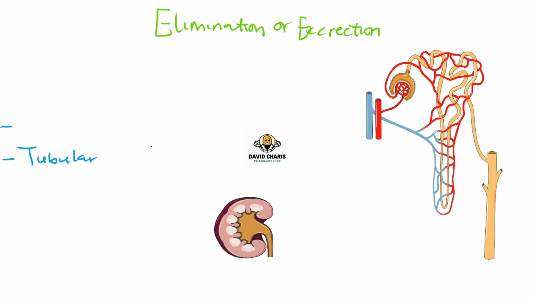Now, the excretion of the drug basically is the removal or the elimination of the drug from the blood by the kidney to be excreted as urine. Most times it's excreted into the feces, most times into saliva or even sweat.